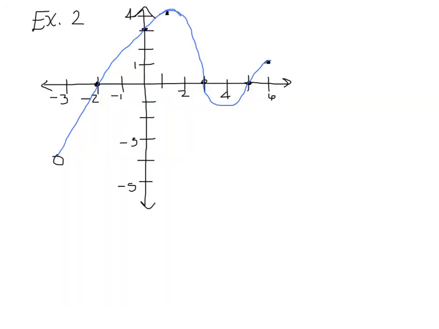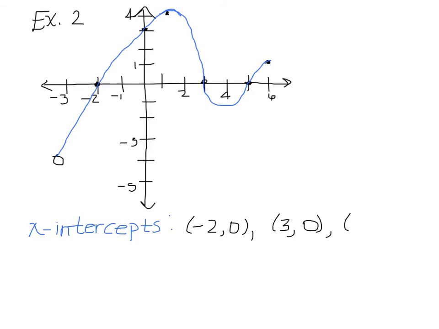Okay, we're going to use this example to find information about our graph. We're going to start with intercepts. So we're going to look for the x-intercepts. And this is where our graph touches the x-axis. If you notice, it touches in 3 places, which would be (-2, 0), (3, 0), and (5, 0).